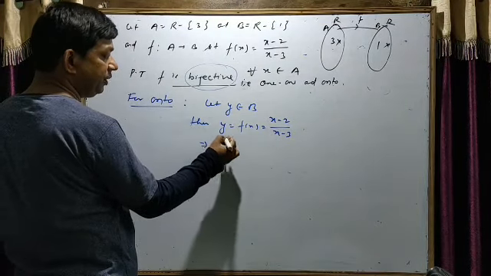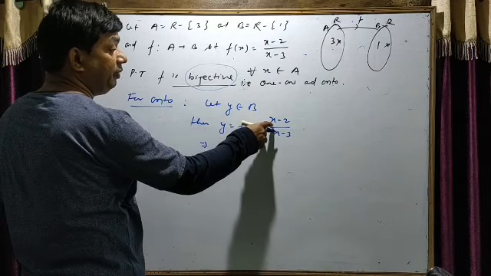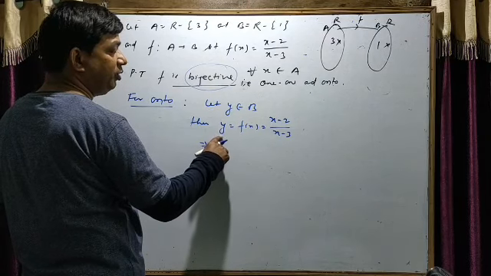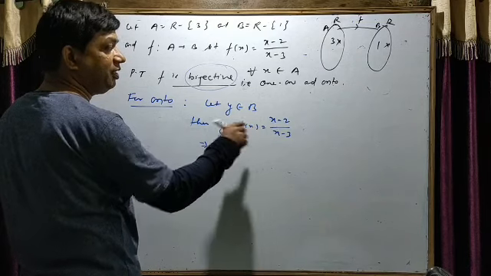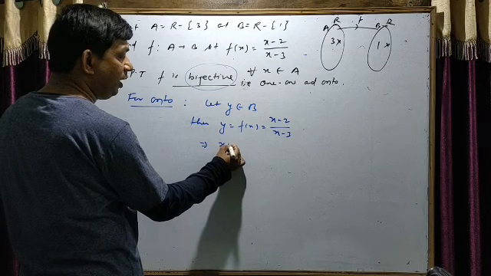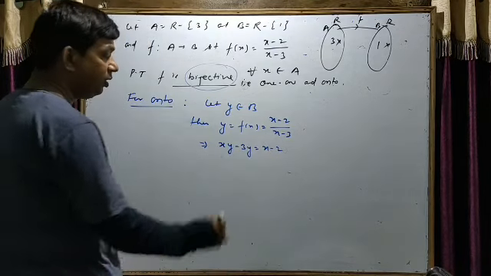This implies what I told earlier: write the independent variable as a dependent variable. Here y is dependent, x is independent. Now we have to change it and write the value of x in terms of y. So xy minus 3y equal to x minus 2.